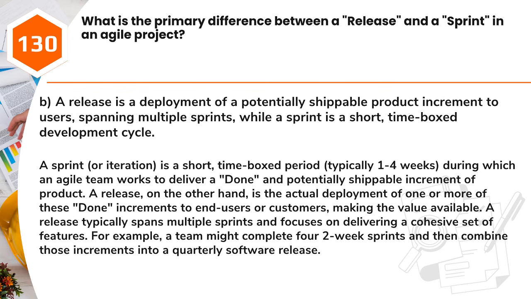A release, on the other hand, is the actual deployment of one or more of these done increments to end users or customers, making the value available. A release typically spans multiple sprints and focuses on delivering a cohesive set of features. For example, a team might complete 4 two-week sprints and then combine those increments into a quarterly software release.